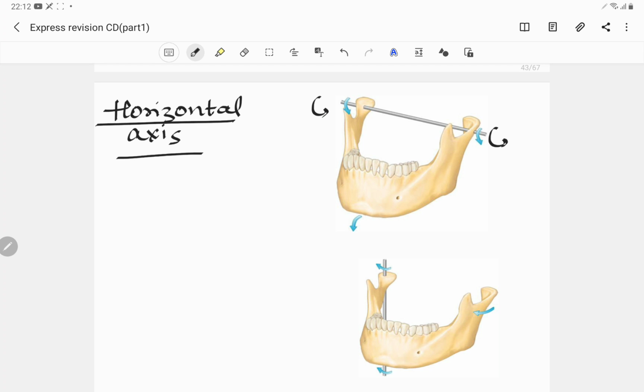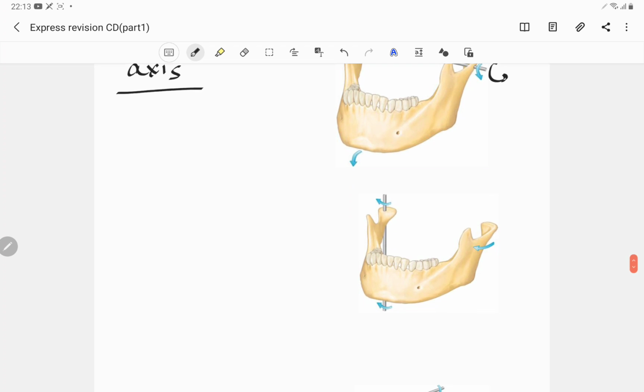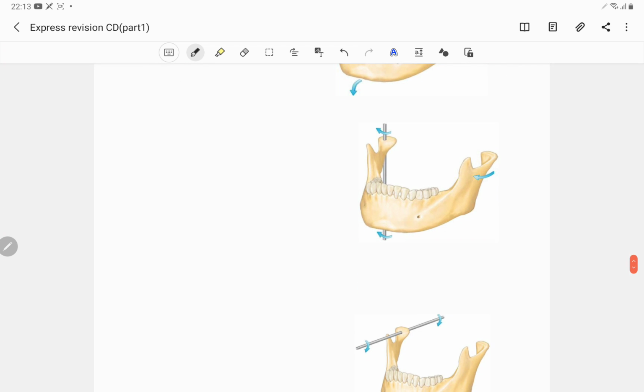Imagine you are rotating the mandible: take your fingers, place them near the TMJ and do this anti-clockwise rotation. Once you do this anti-clockwise rotation, rotate your mandible also. What will happen? You are going to open the mouth. So when we rotate about the horizontal axis, there is opening of the mouth.